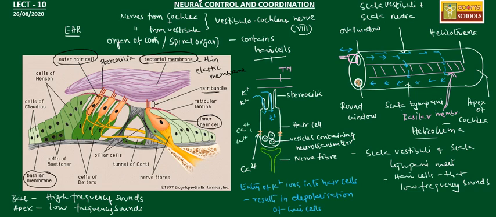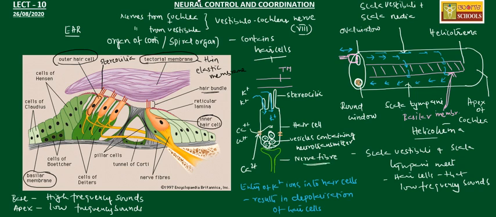Through these calcium channels, the calcium enters into the hair cell and binds to these vesicles and makes these vesicles come in contact with the membrane, where they fuse and result in the release of neurotransmitters into the synapse, and thereby depolarizing the nerve fiber.